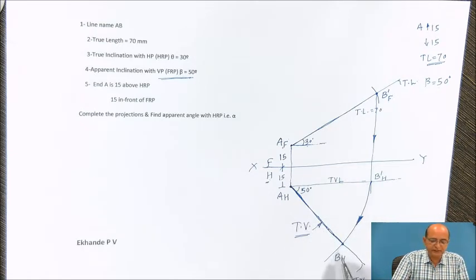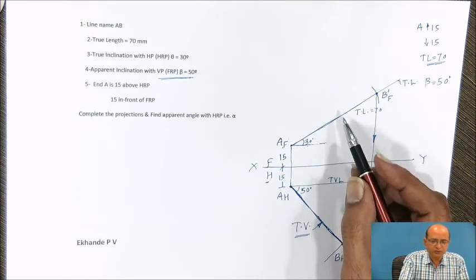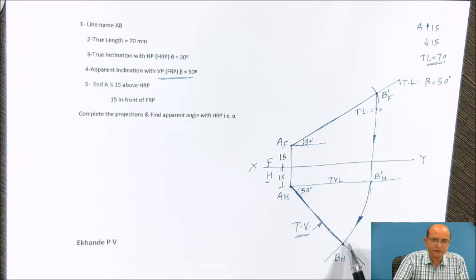Now once we get the top view over here, the next step is for getting the front view of the line, we must project this BH point on the front view side.